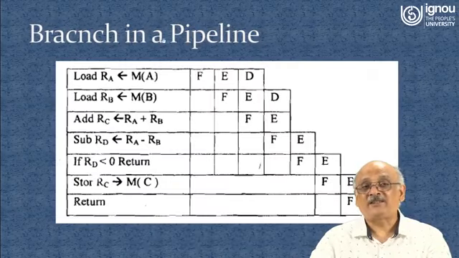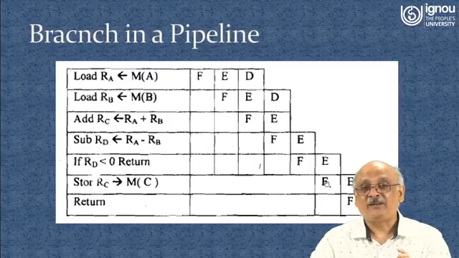But branches in RISC pipeline are major problems, right? Branches are major problems because before the decision on whether a branch is to be taken or not is made, the next instruction is being fetched. So the next instruction has been fetched in this particular case.